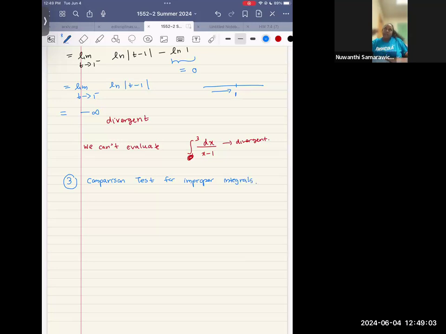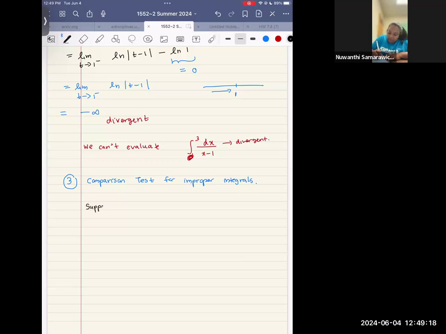I did a very easy comparison test by using the p-series yesterday. But let's see if the function is more complicated. How do we do it?